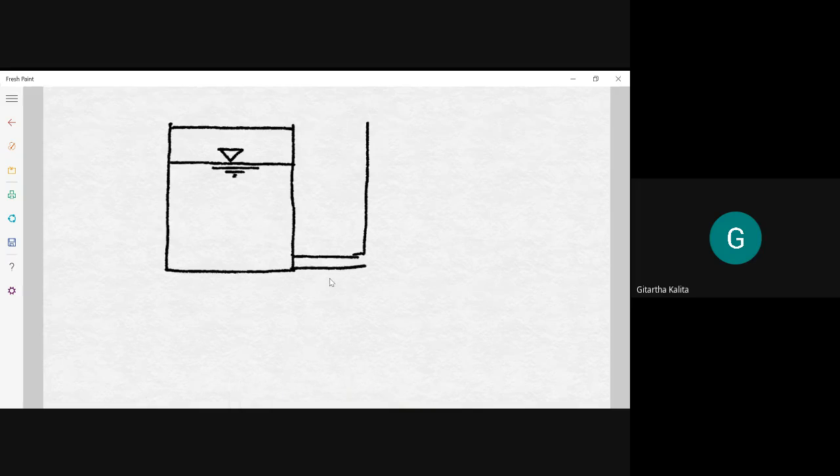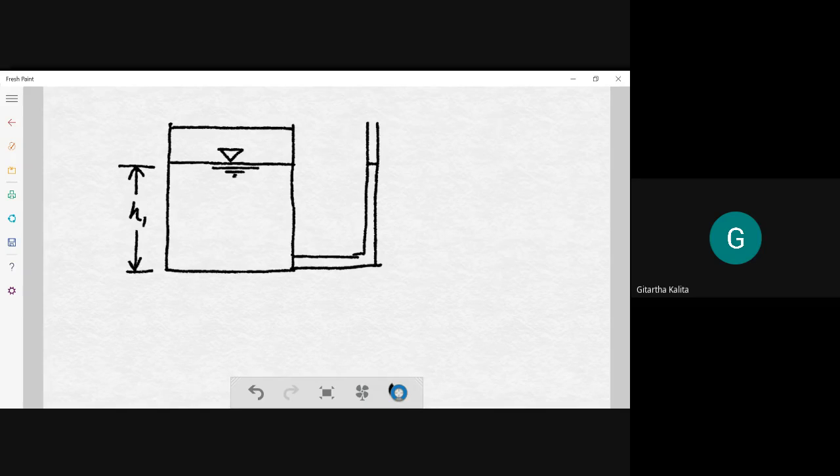Can you tell me? What do we find out by using a piezometer? Anyone? Pressure. Pressure of liquid. Okay, fine. So now, suppose this is H1 for the water.